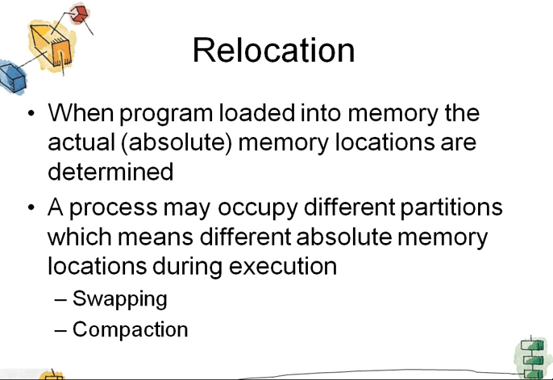Now a process may occupy different partitions, which means different absolute memory locations during execution. When a process is brought into memory, it occupies a memory space, which we call the absolute memory address.